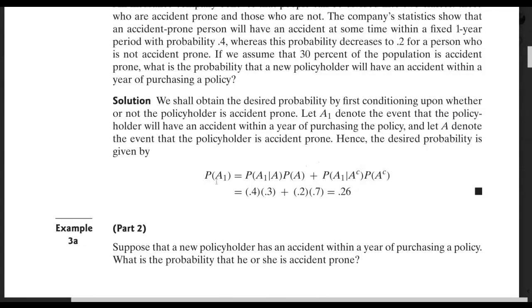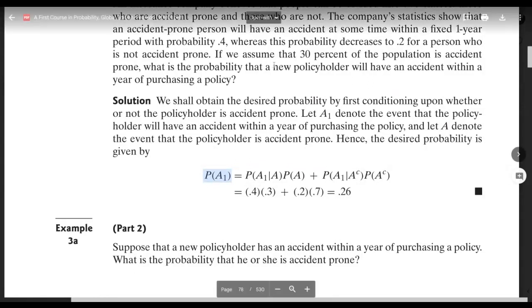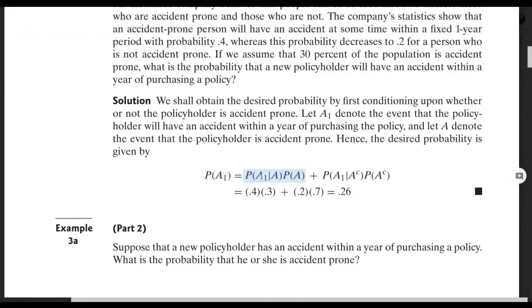Then the desired probability, the probability that the policyholder will have an accident within a year, we use the formula, right? So probability of A1 after A occurred, so this person is accident prone, multiplied by probability of accident prone, then plus the complement part.